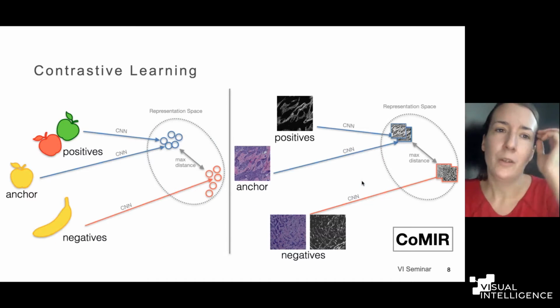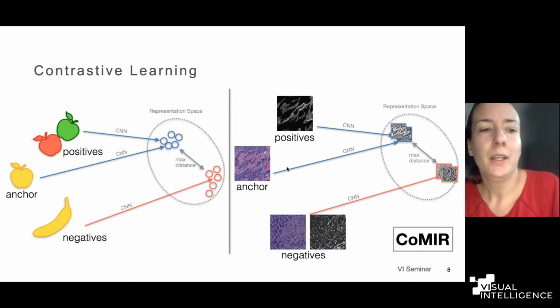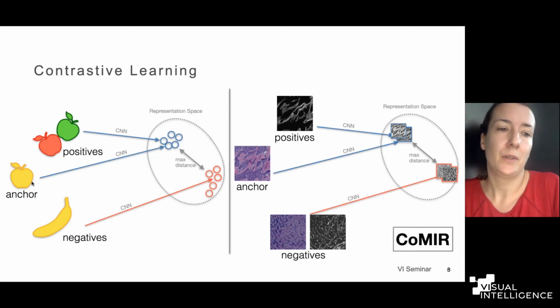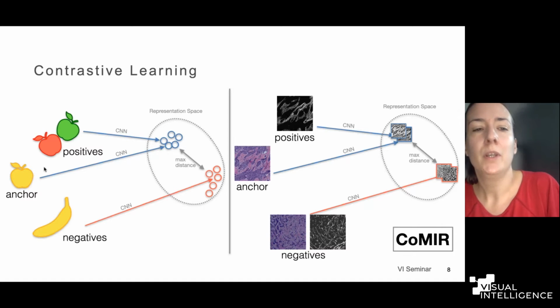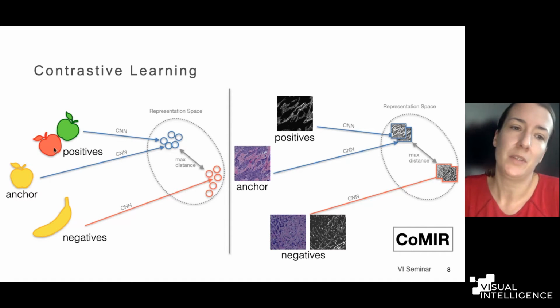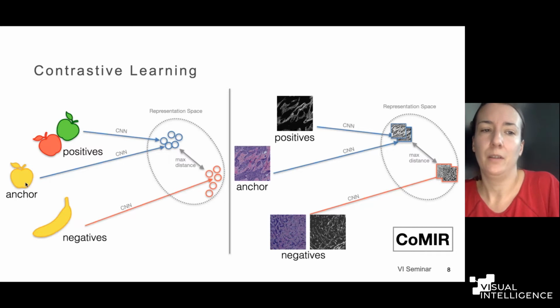So, I mean, in the machine learning group, probably everyone knows about contrastive learning, but I'll just quickly go into it anyways. So for contrastive learning, you usually have an anchor that could be a representative of a class, for example, here an apple, or if you don't have any class labels, it will just be one of the samples. And then you have positives to this anchor. So that's either other representatives of the same class or some augmented views of that very object.